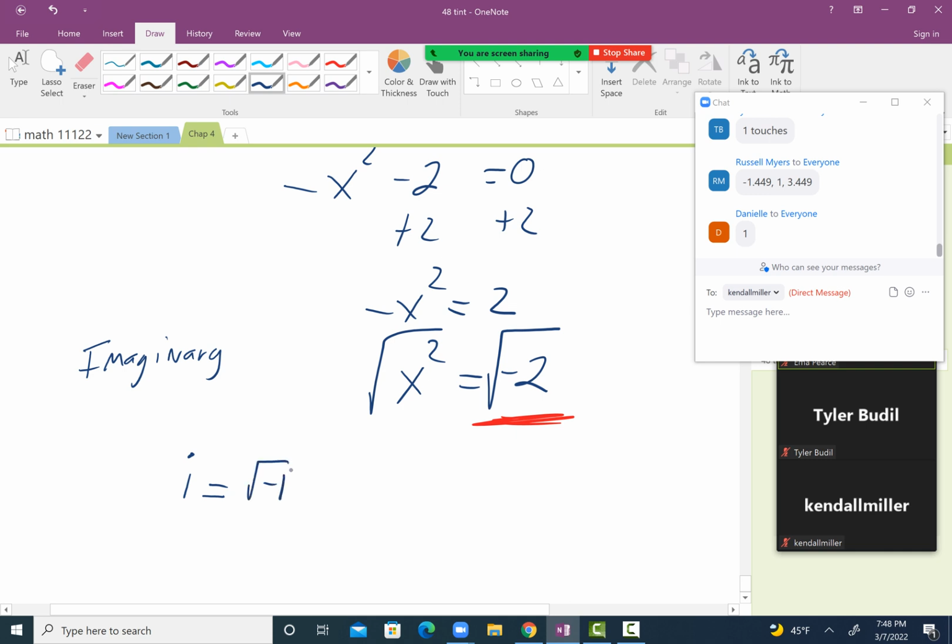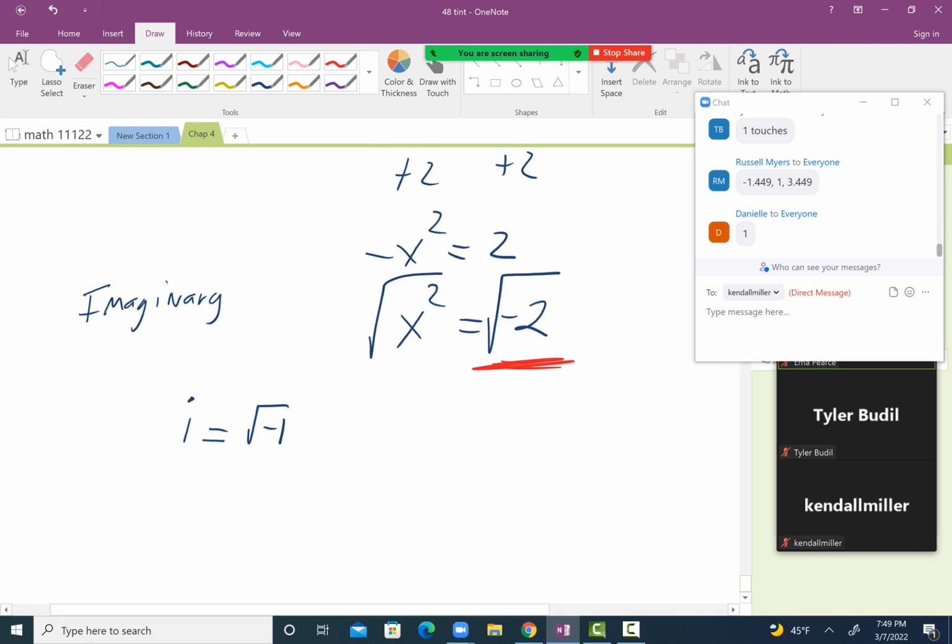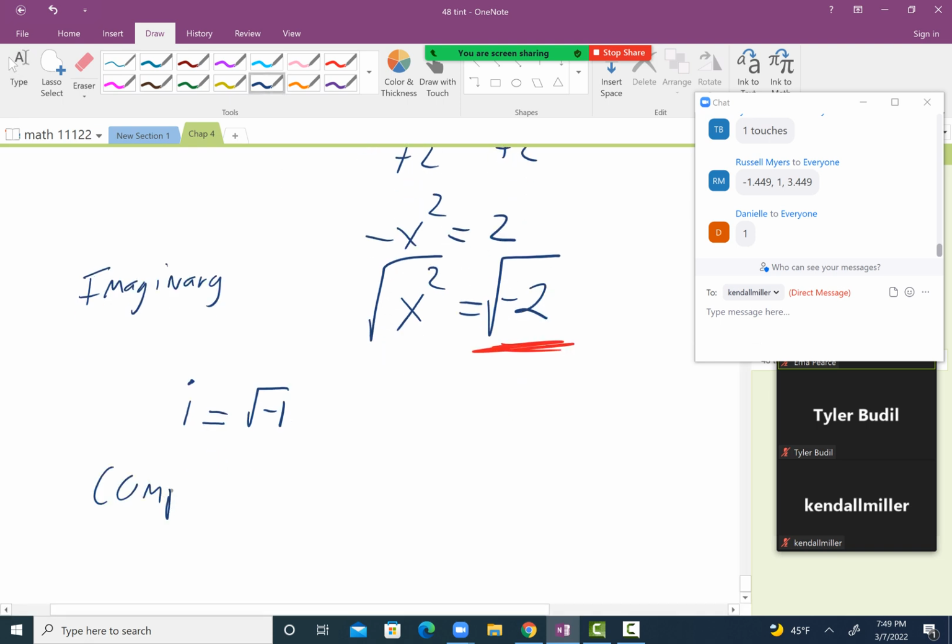So when you have a square root of a negative, it doesn't have a real solution, but it has a complex solution. The complex numbers are all real numbers and imaginaries. So it's all the reals, every number you can think of, and these little i terms.